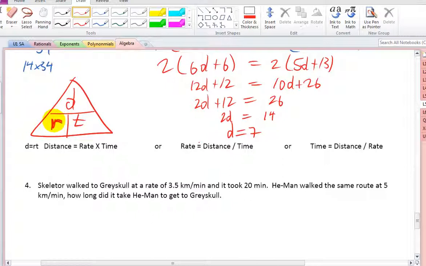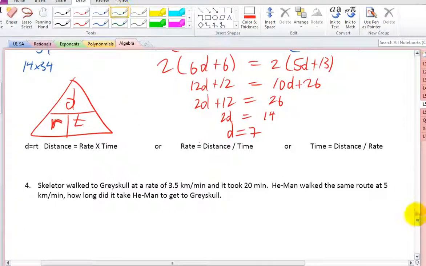Okay. And so if you cover up T, you're left with distance divided by rate, because distance is on top. How many of you used this in science already? Okay, a few of you. Okay, if you cover up D, then you're left with rate times time because they're side by side. Okay. Good.